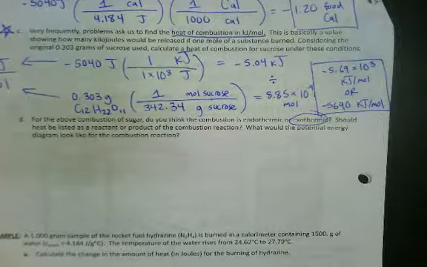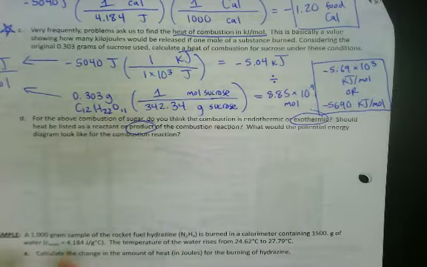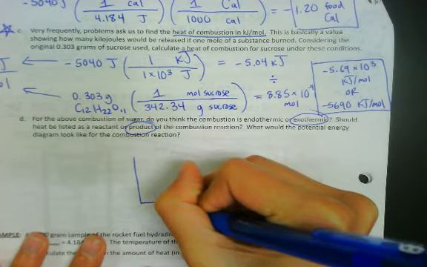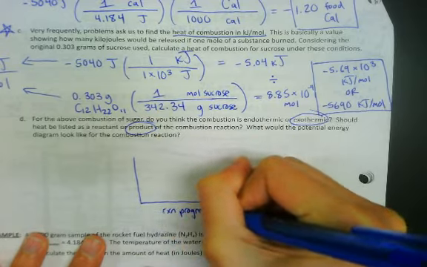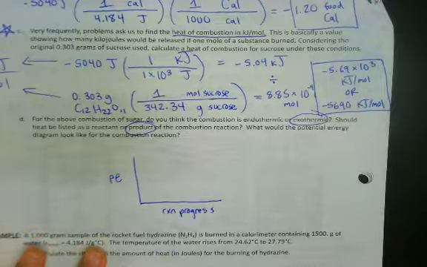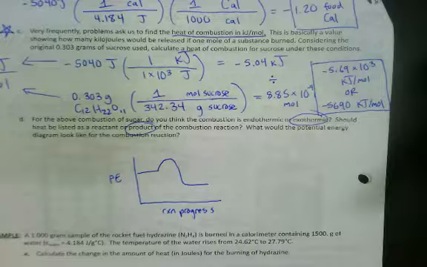Should heat therefore be listed as a reactant or a product in the combustion reaction? Product. Very good. And just as a reminder, if you were to draw out the reaction progress potential energy diagram for this reaction, you would put the products at a lower level of potential energy than the reactant.